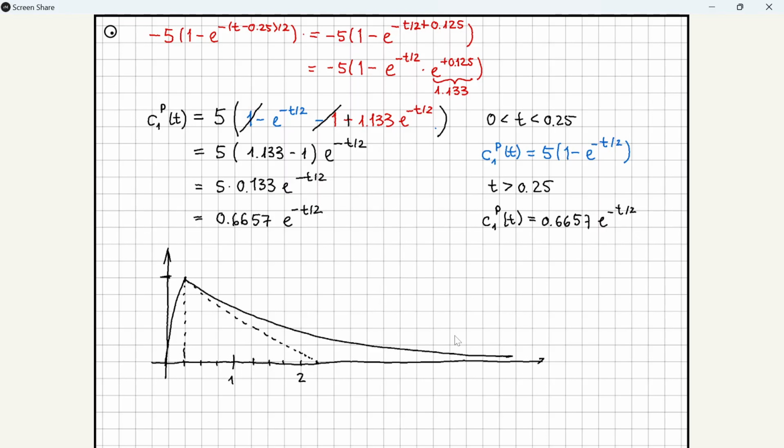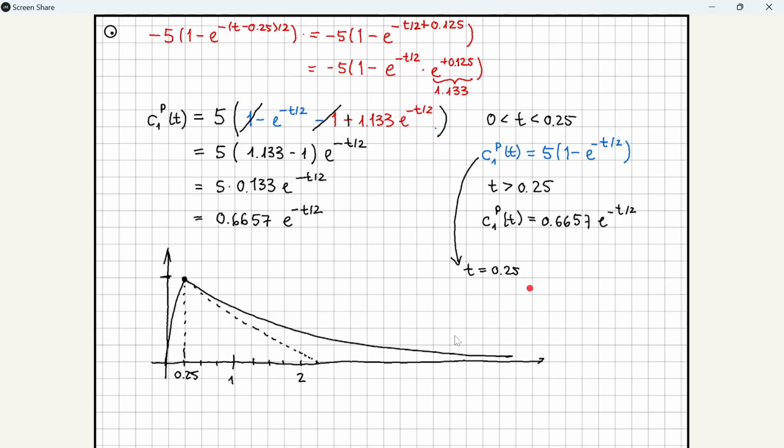So if we compare this to our results that we had before, we can calculate this. This should be the blue term evaluated at time t equals 0.25.